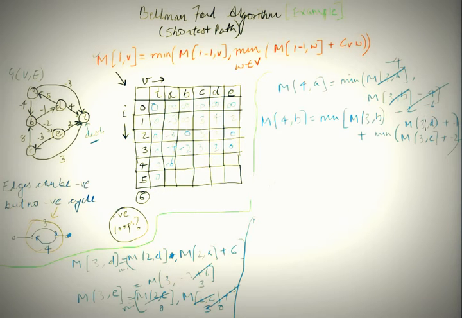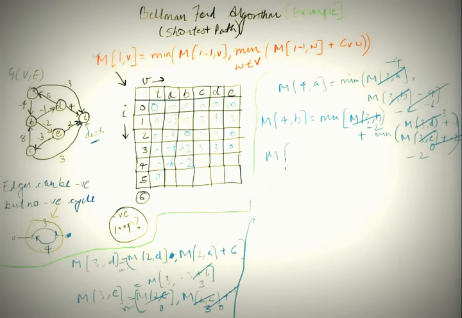M3D is 3, M3E is 0. So 3 plus minus 1 is 2, 0 plus minus 2 is minus 2, and M3B is minus 2. So the distance will remain minus 2 here.